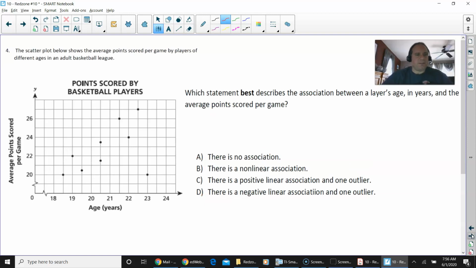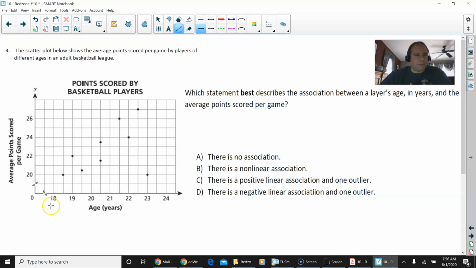Number 4, another scatter plot. The scatter plot below shows the average points scored per game by players of different ages in a basketball league. And the question is, which statement best describes the association between a player's age in years and the average points scored per game? Taking a look at what this scatter plot gives you, I'm going to draw my line of best fit just like that.